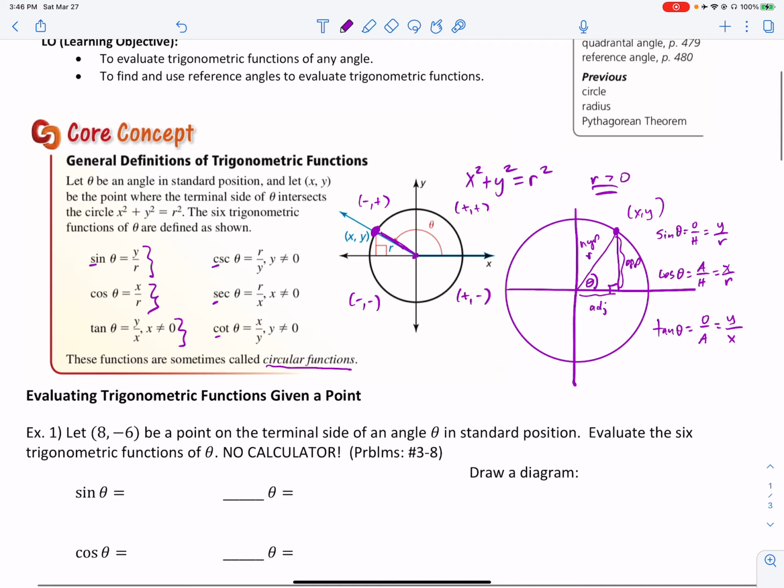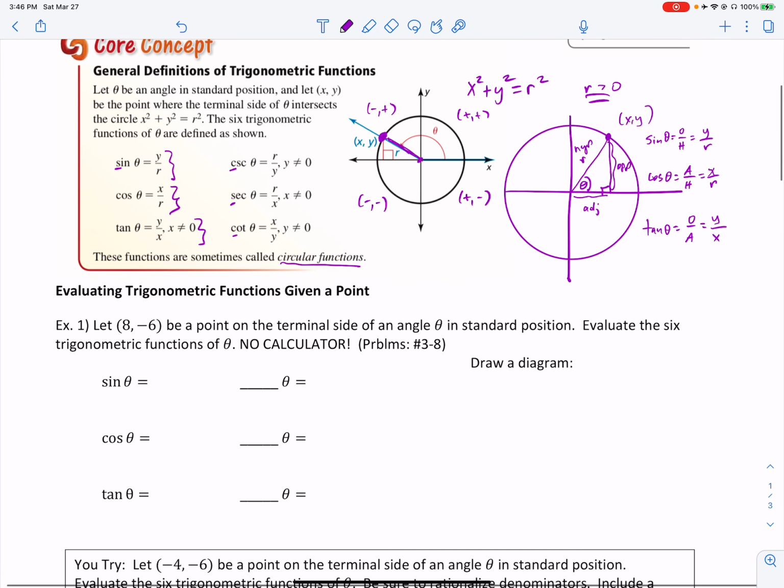So we are going to use these definitions given this information that we have in example 1. It says, let (8, -6) be a point on the terminal side of an angle in standard position. So up above here, we had this angle in standard position, and then we are just saying that we have an x, y ordered pair here that intersects that circle.